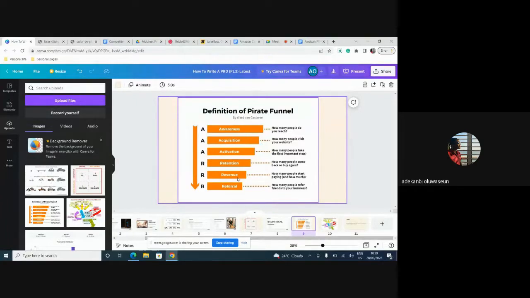So from acquisition, you move to activation. From activation, you move to retention, right? So retention means how many people actually come back, right? How many people are coming to buy over and over again? So you want to also measure this clearly. Then the second to the last thing is revenue.